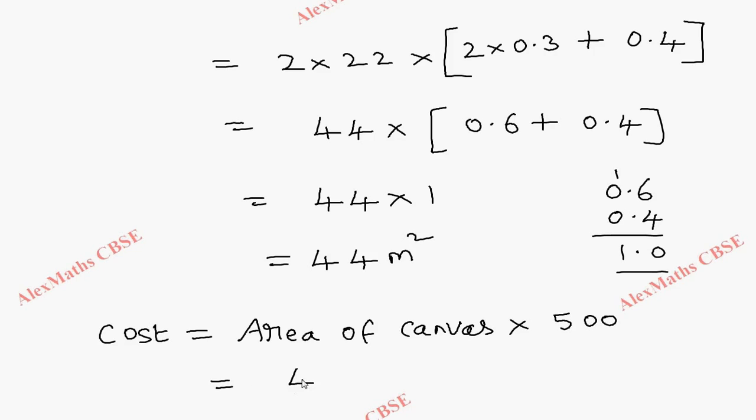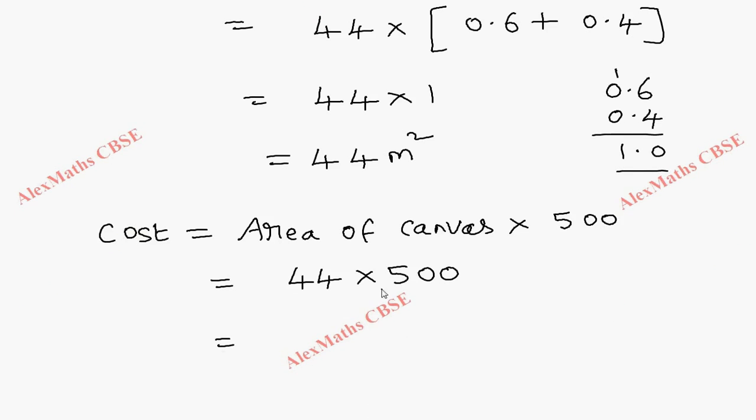So this is 44 meter square into 500. When we multiply, 5 fours are 20, 2 is carried over here, 5 fours are 20 plus 2, 22, and we should also put 2 more zeros. So totally it is 22,000 rupees.